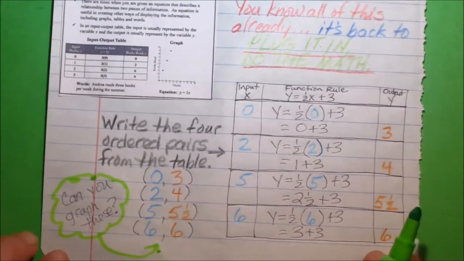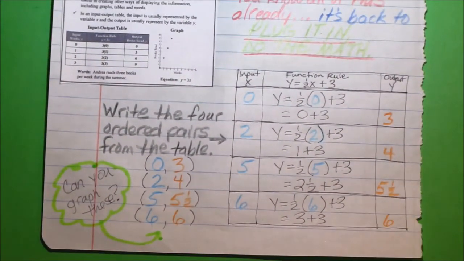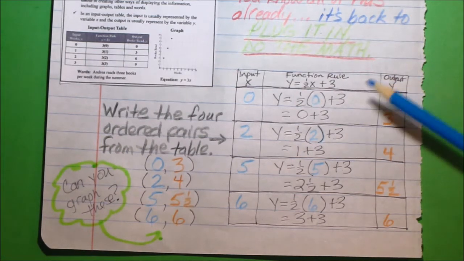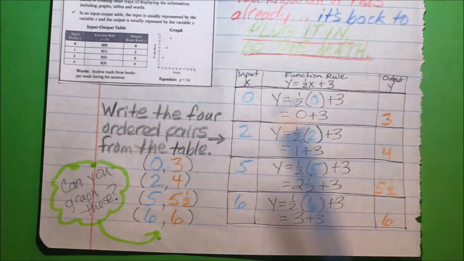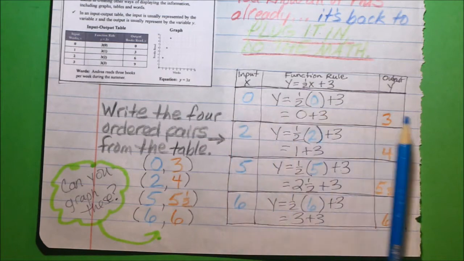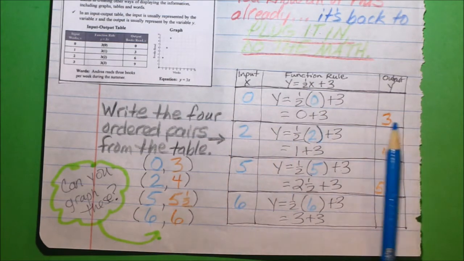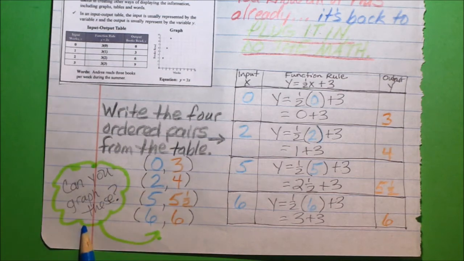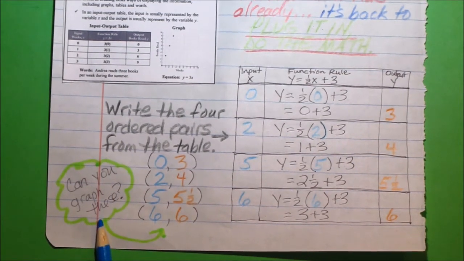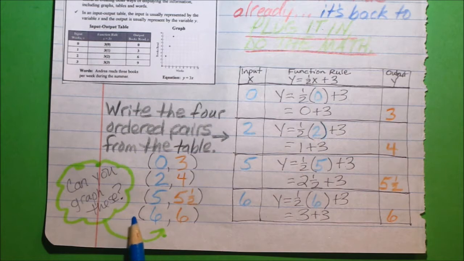Okay? All right, so what I'm trying to show you where this is leading for tomorrow is that you can get a function rule, an equation. If it has an x and a y in it, it's a function rule, right? And you can plug in numbers for x and solve numbers for y, which creates ordered pairs, which you can then graph, which is what you'll be doing tomorrow, or whenever you do the next lesson. All right.